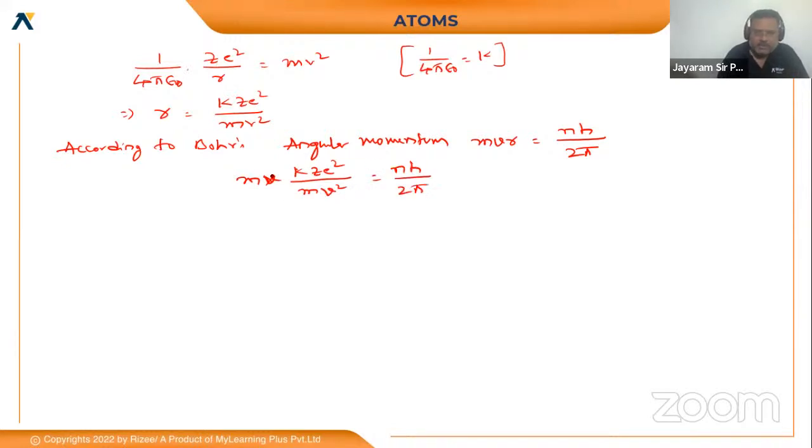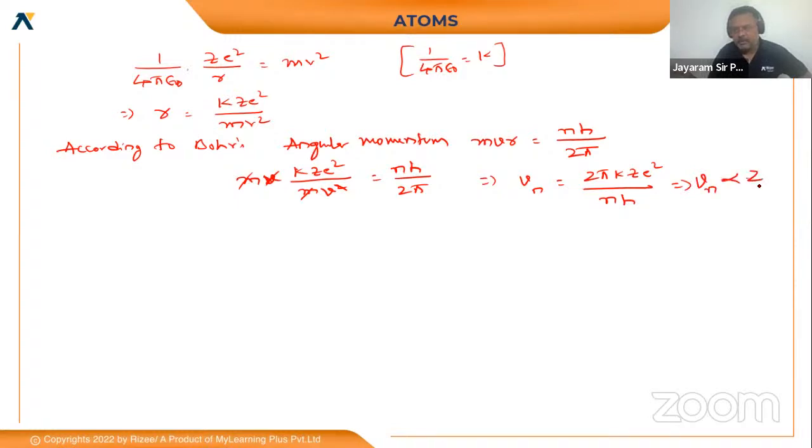So these relations are actually very, very important. From this, the velocity of the nth orbit is equal to 2 pi k into Z e square by nh. The most important thing we need to remember is that the velocity of the nth orbit is directly proportional to Z and inversely proportional to n.